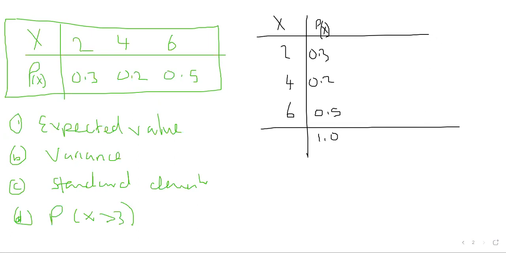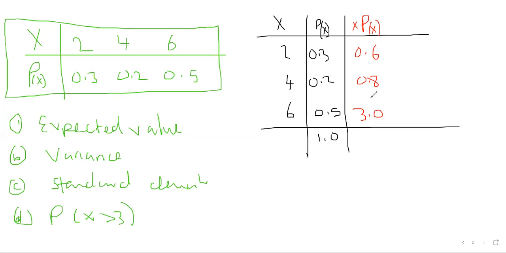So how do we calculate this? We multiply the value of x and the probability. So 2 times 0.3 is 0.6. 4 times 0.2 is 0.8. 6 times 0.5 is 3.0.